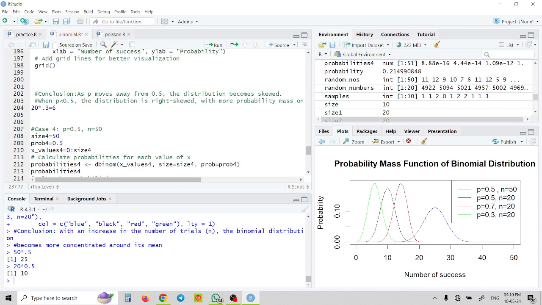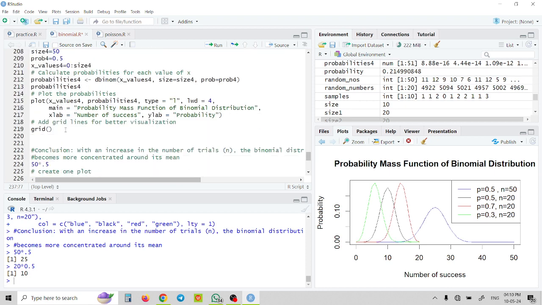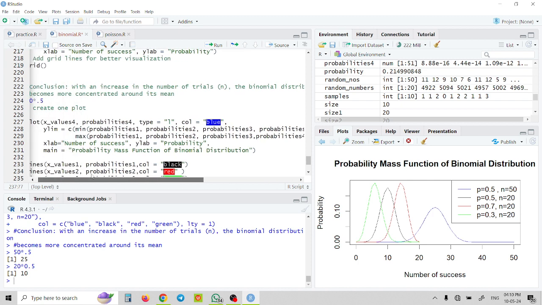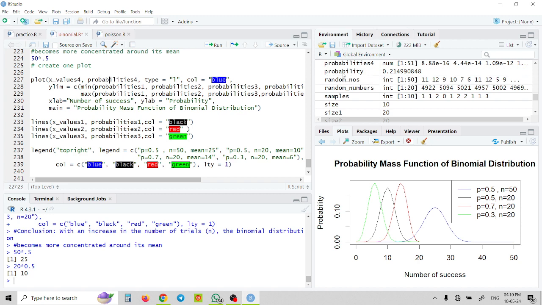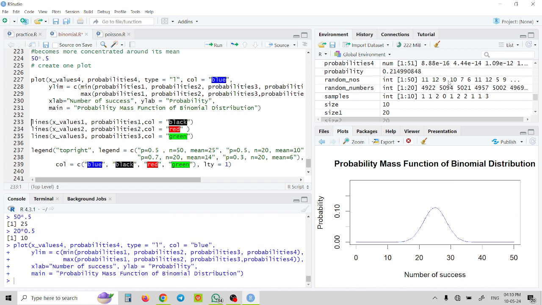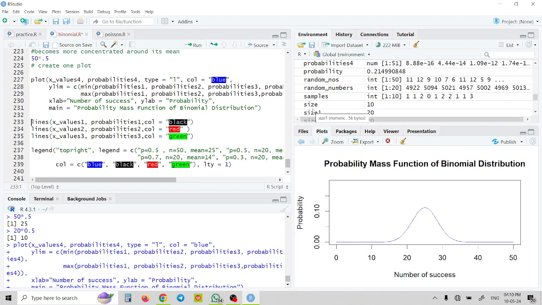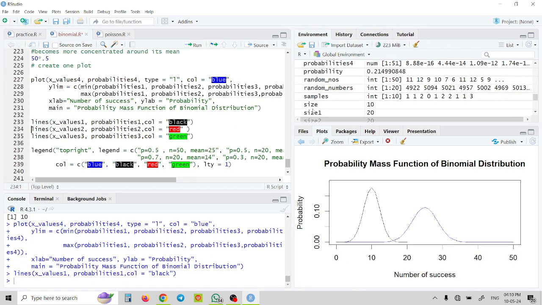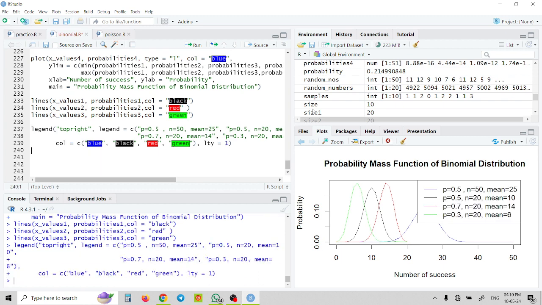Case 2, 14. Case 3, 6. Case 4. Okay, that's all. Okay, so I'll do this again and I will run this to get a good picture. I'll add all the lines to this like that, and legends.